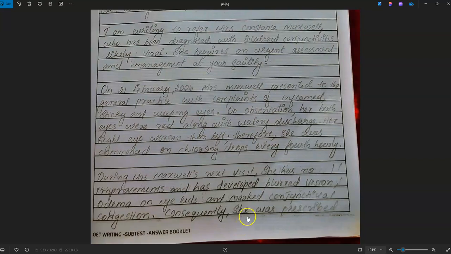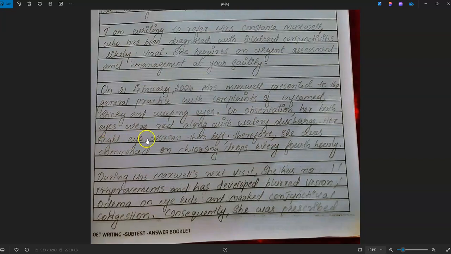Mrs Maxwell presented to general practice with complaints of inflamed, sticky and weeping eyes. On examination, her both eyes, or simply her eyes or both eyes, we don't need to use both, were red and discharging. On observation, both eyes were red and exuding watery discharge.